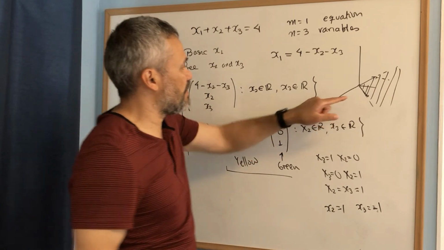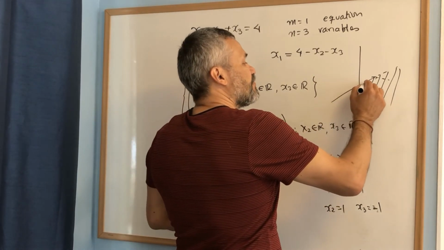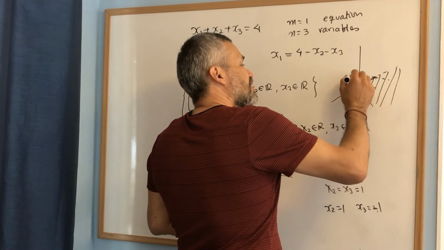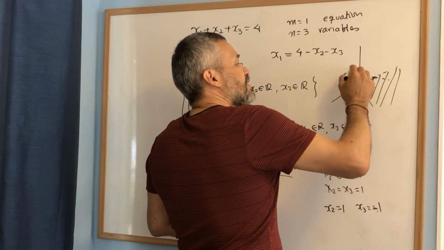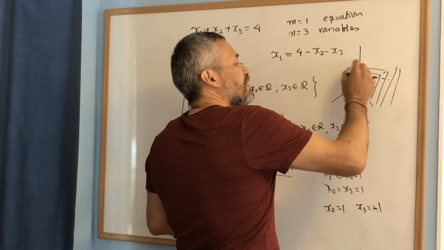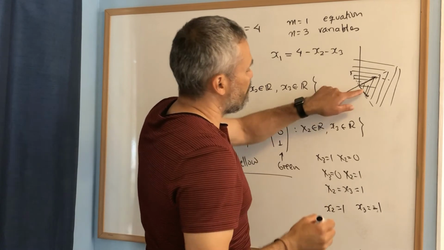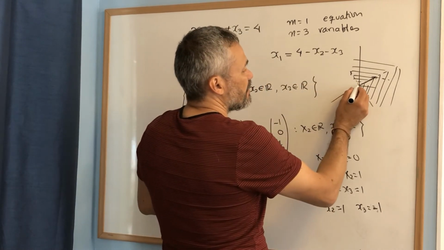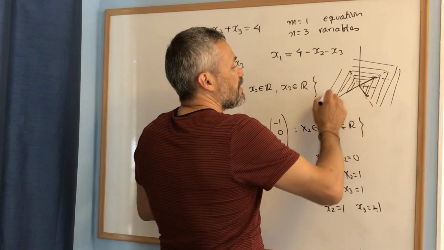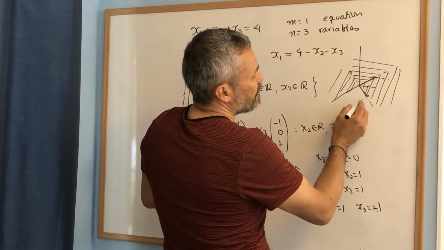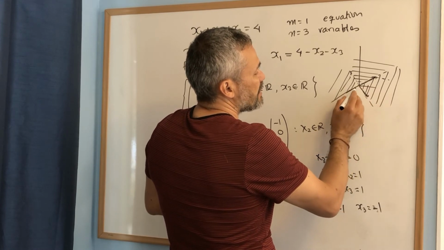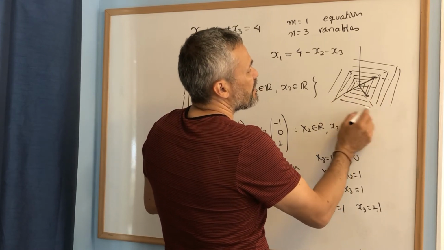If the weight for this vector is positive and the weight for this vector is negative, you get everything in this quadrant. If both weights are negative, you get everything in this quadrant. And finally, if this weight is positive and this weight is negative, you get everything in this quadrant.